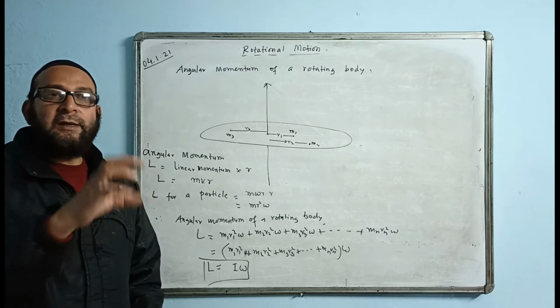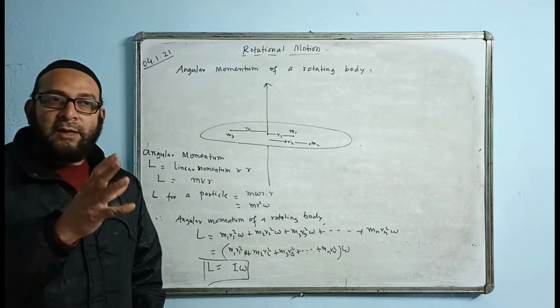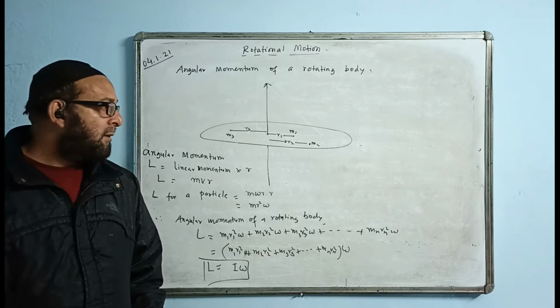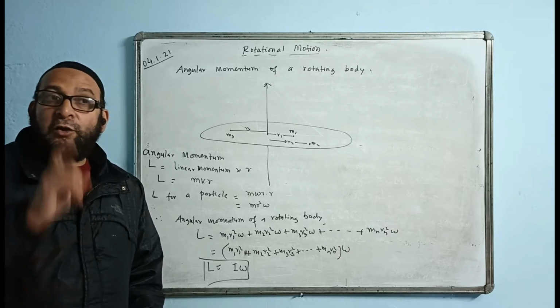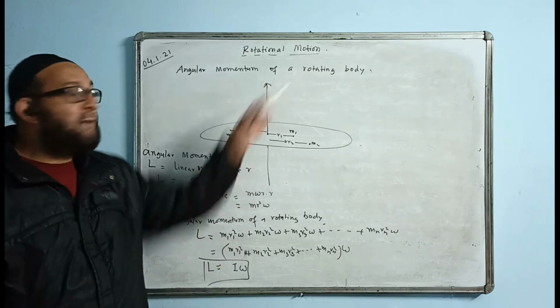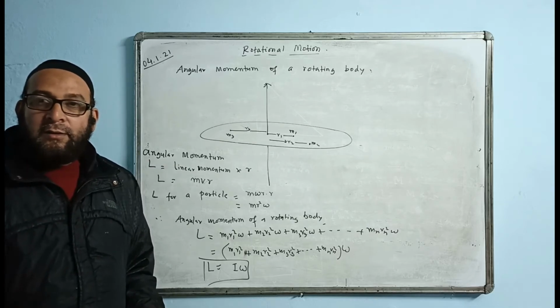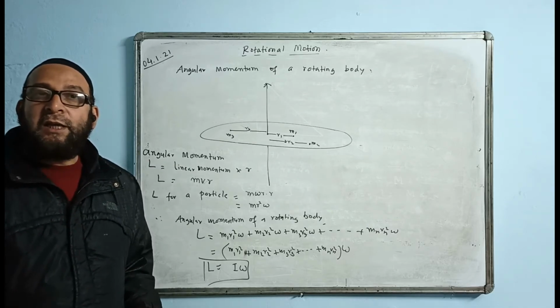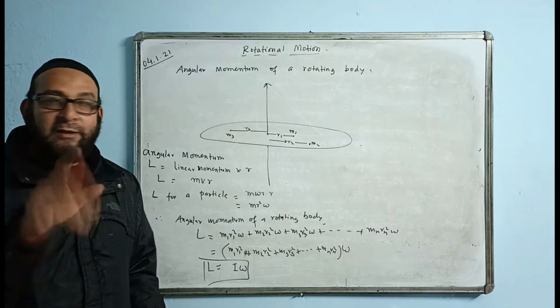Greater the mass, greater the value of inertia, greater the tendency the body will have. Less the mass, less tendency it will have. So moment of inertia is equivalent to mass in rotational dynamics. When the body is in rotational motion, moment of inertia is equivalent to mass. How it is equivalent to mass, I'll tell you.